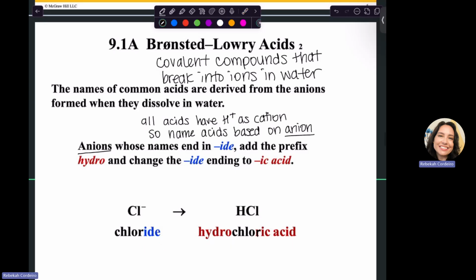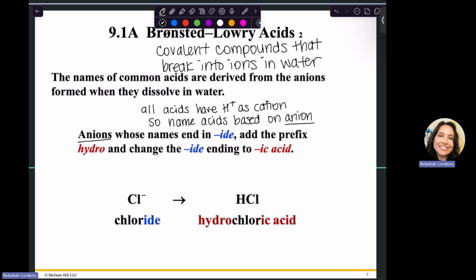If you're not sure what the anion name is, think about it: what would it be with sodium? So for example, if I have NaCl, we would call that sodium chloride. That will help you get the anion ending. So we're talking about an acid of HCl, which breaks down into H plus and Cl minus.